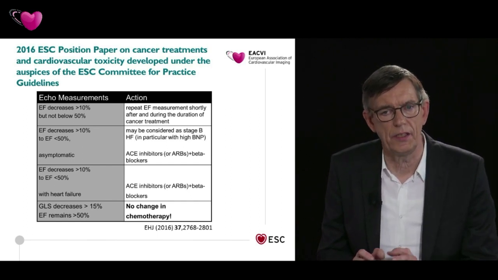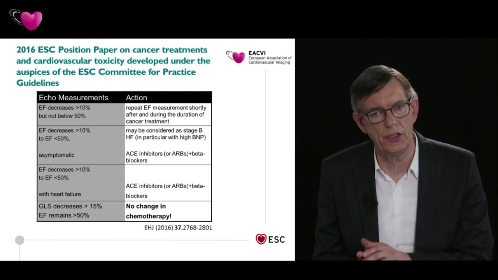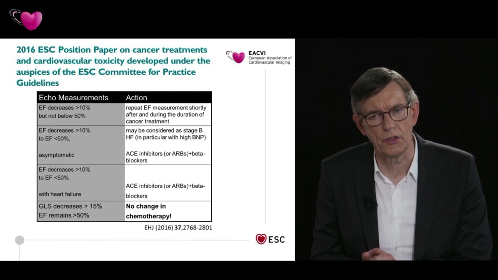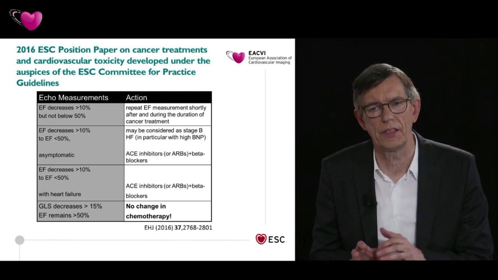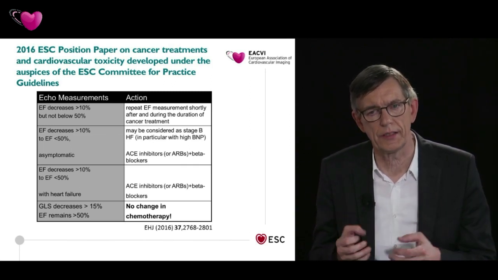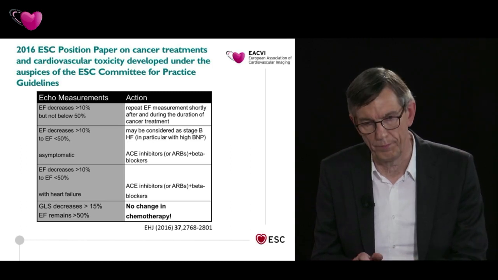And even if the ejection fraction drops but remains normal, and the GLS decreases by more than 50%, we still do not change chemotherapy, because there is not yet enough data to support prophylactic treatment or any other intervention in these patients.